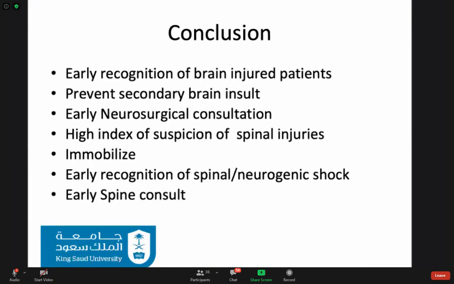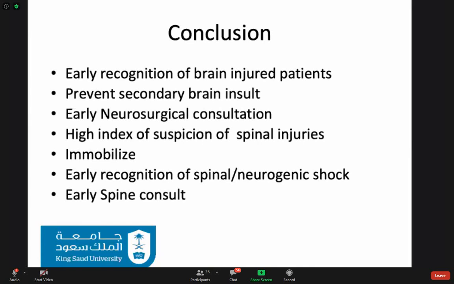Conclusion in C-spine injuries or spine injuries altogether: early recognition of brain injured patients, prevent secondary brain insult, especially in those who have traumatic brain injuries.